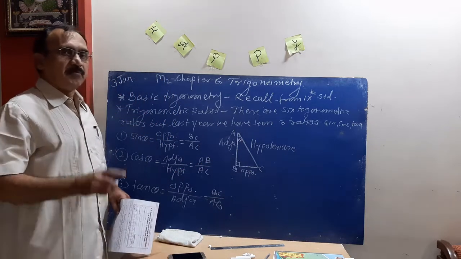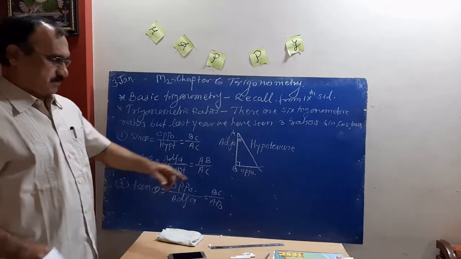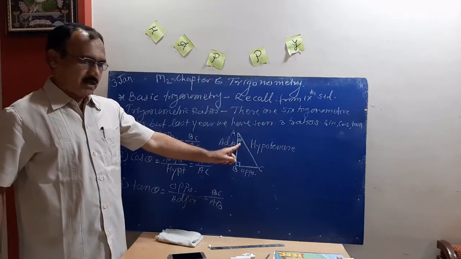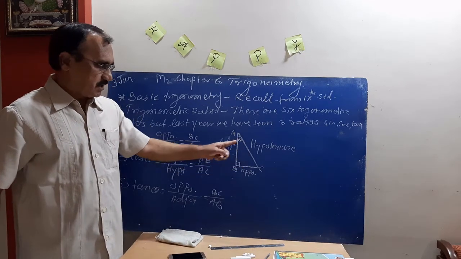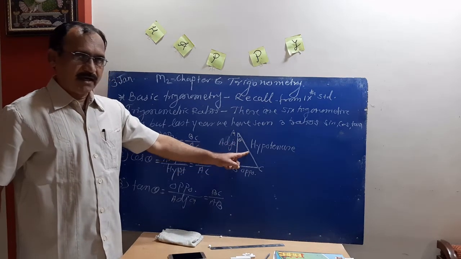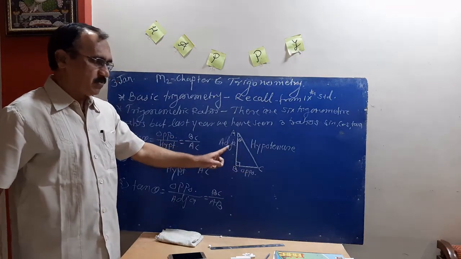These are the three main trigonometric ratios. If we consider this angle is theta, then sin theta is equal to BC upon AC, cos theta is equal to AB upon AC, and tan theta is equal to BC upon AB.